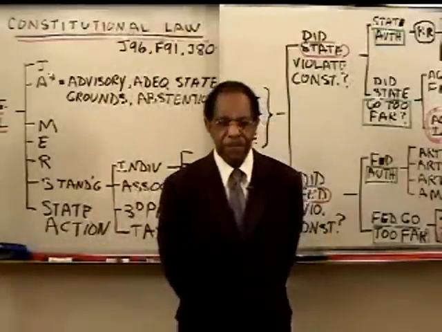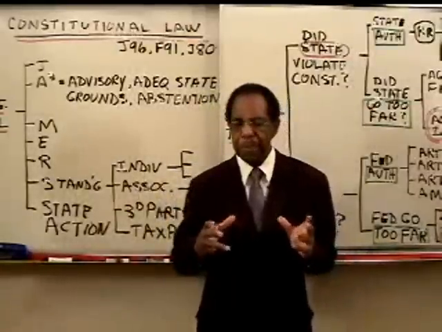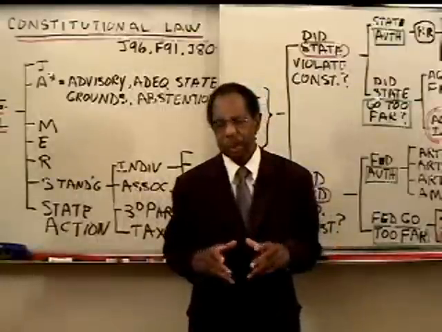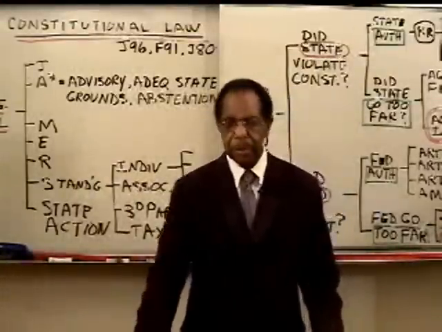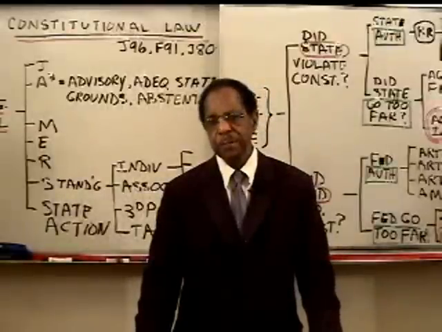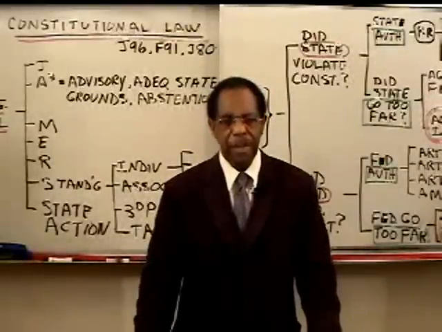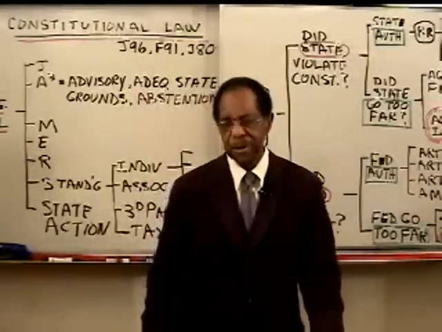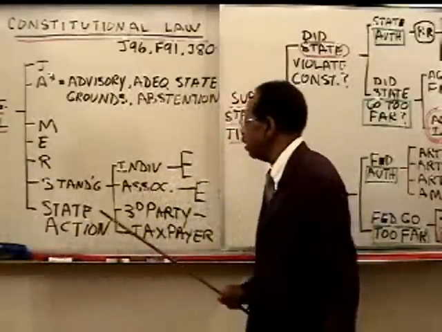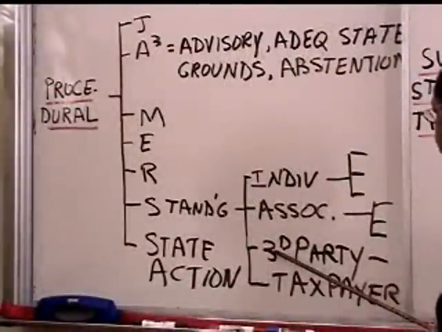But you basically have to show that, like in a city where the number of people who are being taxed is much smaller, somehow your interest is sufficient for you to bring the taxpayer standing. It just doesn't happen, or is almost never tested. Never tested on the essay part of the exam in any event. So the standing issues, individual, association, and third-party standing are the ones you need to be concerned with.